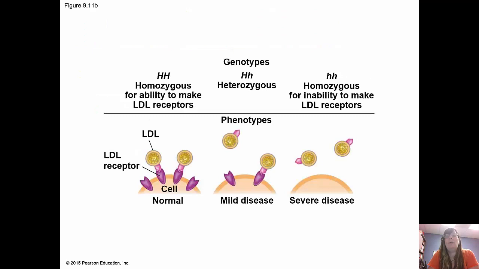So this is just showing you homozygotes have really high, off the charts cholesterol, heterozygotes not as much. It's an incomplete dominant disorder. So homozygous dominant are going to have normal cells, heterozygotes mild disease, and homozygous recessive are severe disease.